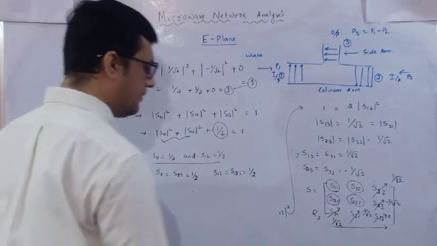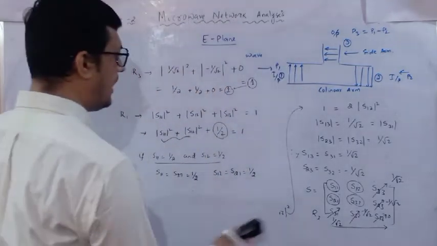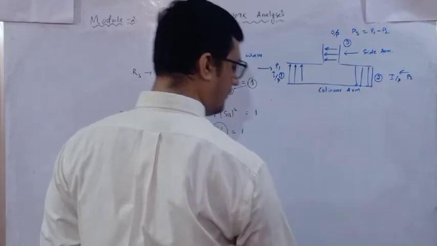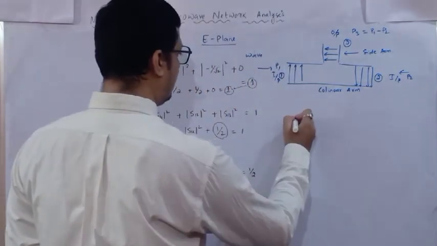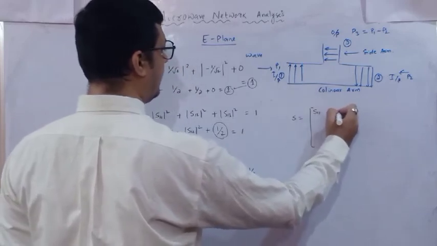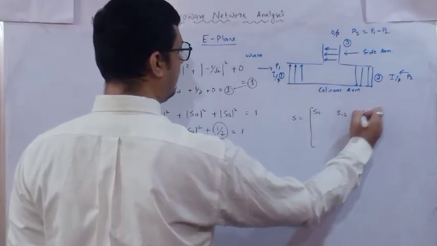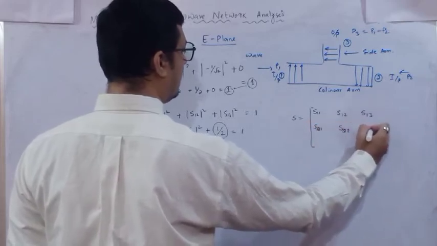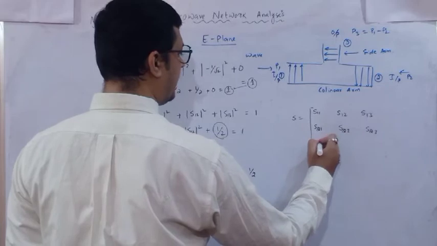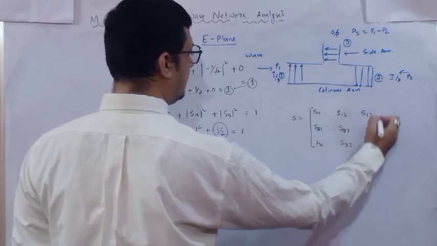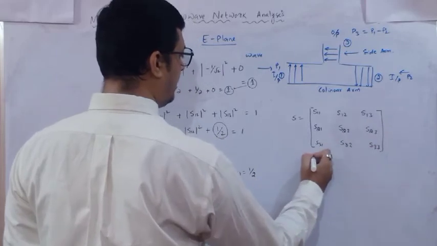Maximum power is delivered. So using this assumption, I will substitute here in the scattering matrix. My S parameter S11, S12, S13, S21, S22, S23, S31, S32 and S33. The parameters we have already identified.